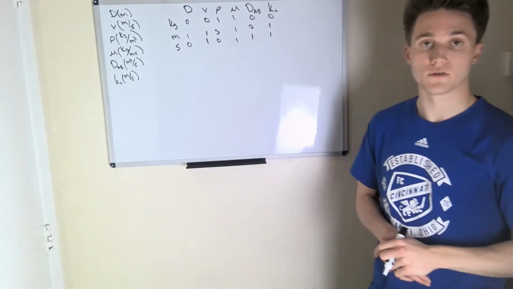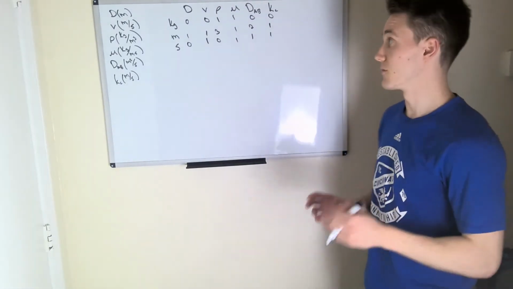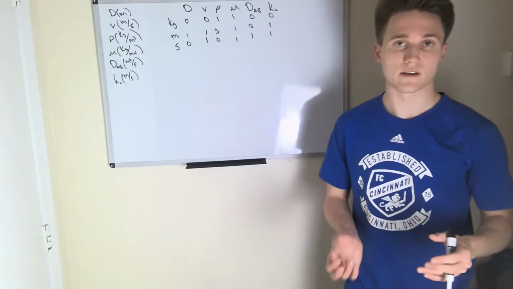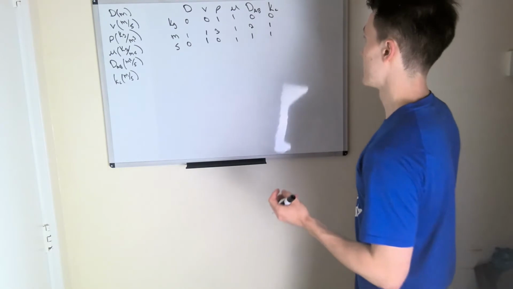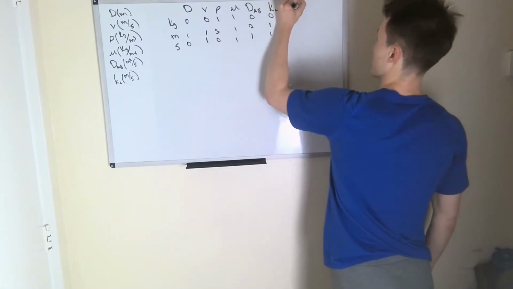So next we want to determine the rank of this matrix. That is done using linear algebra. And it is determined that the rank of this matrix is equal to 3.